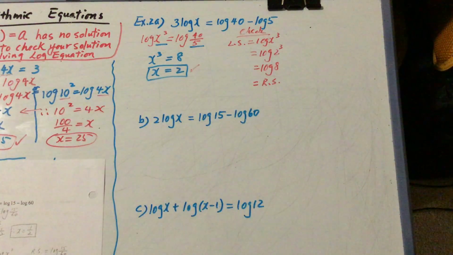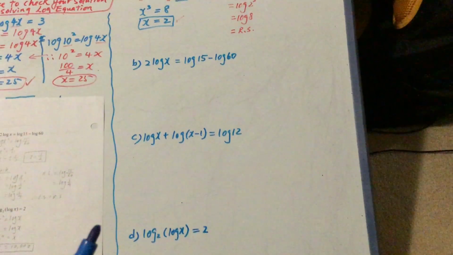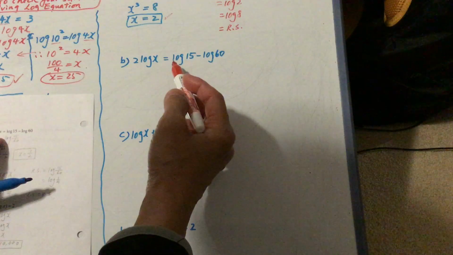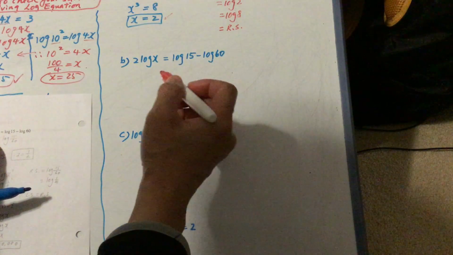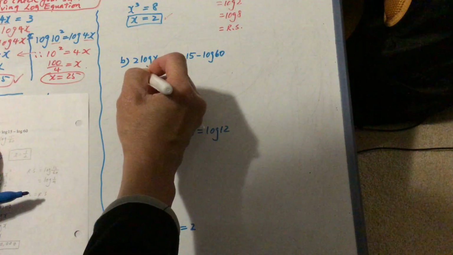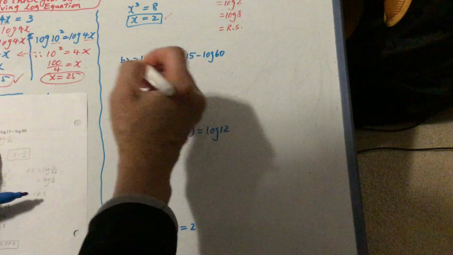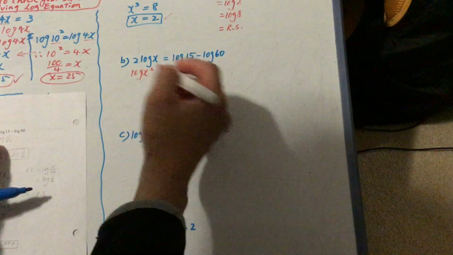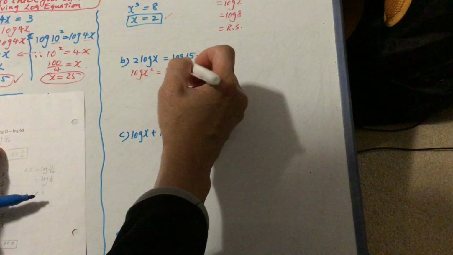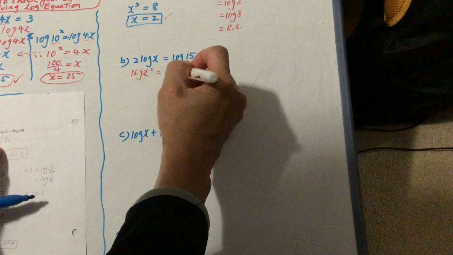Now the next one is 2 log x equal to log 15 minus log 60. Same thing, we're going to do log x to the power of 2. So I'm bringing the multiplier inside, equal to a log, and now you have 15 divided by 60.